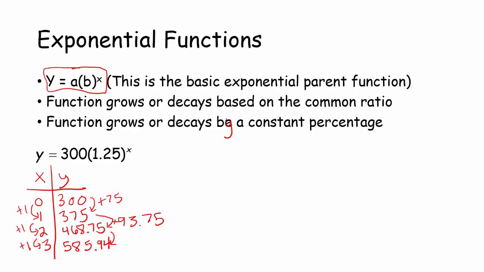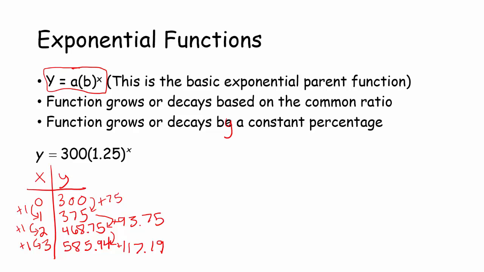And then when x goes from 2 to 3, when x goes up by 1 again, y increases by 117.19. So this function definitely does not have a constant rate of change because x is increasing by a constant amount, but y is increasing by an ever-increasing amount.